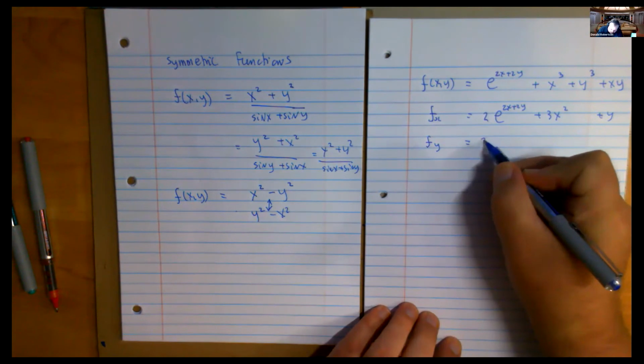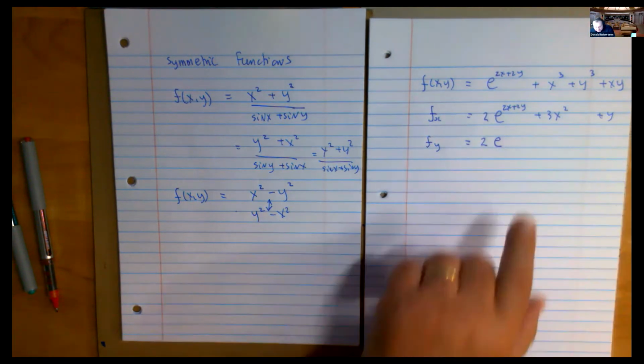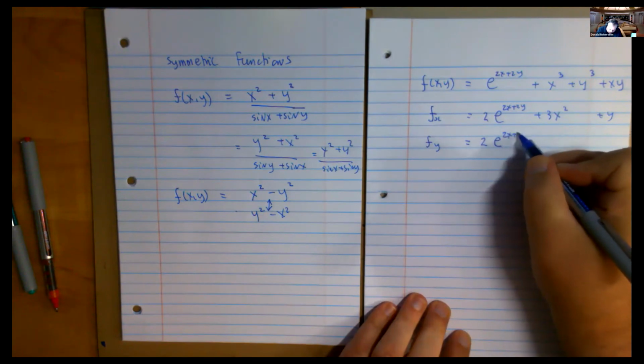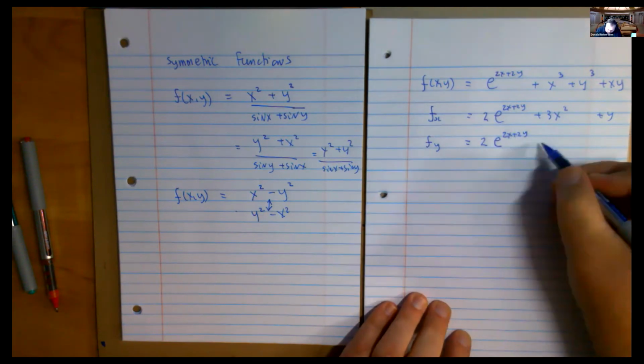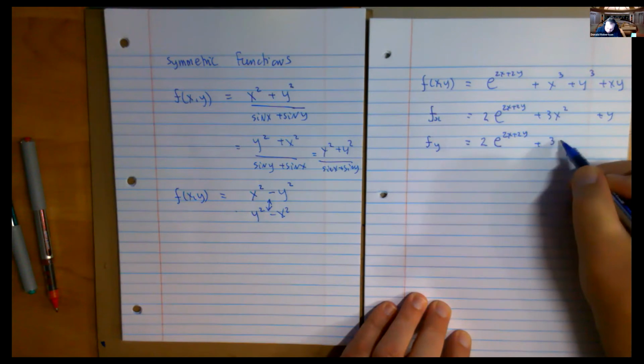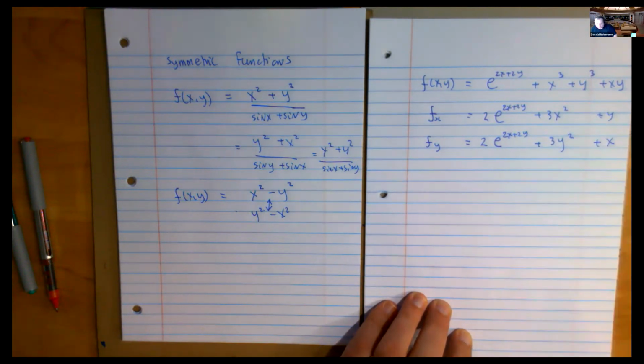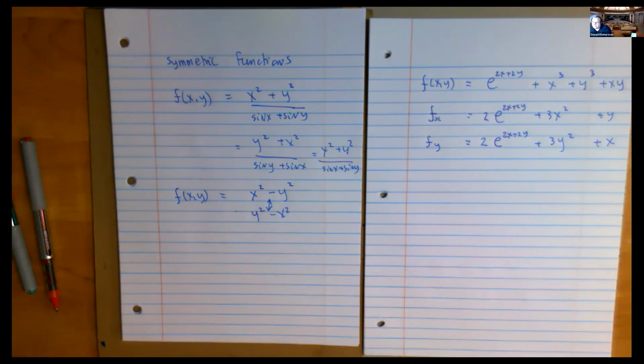So 2 times e to the 2y plus 2x, but that can be rewritten as 2x plus 2y. Won't the 3x squared become 3y squared? And won't the plus y become a plus x? Are we cool?